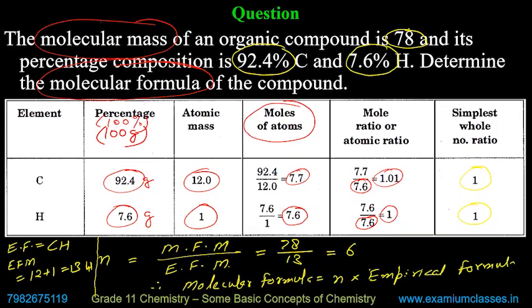Now this formula is applicable everywhere. Molecular formula equals n times empirical formula. For example, if n is 4 and the empirical formula is CH2, then you will write C4H8, that is the molecular formula.